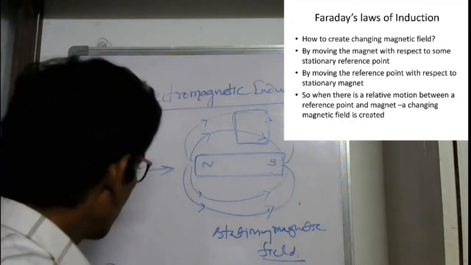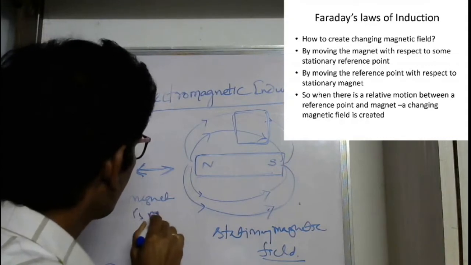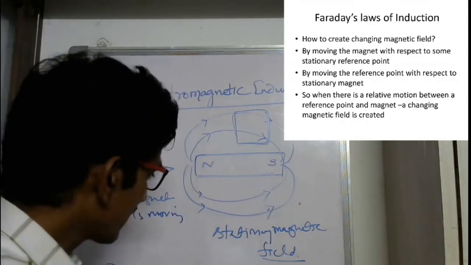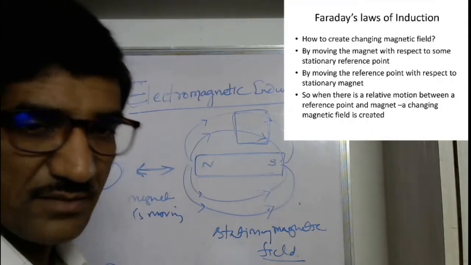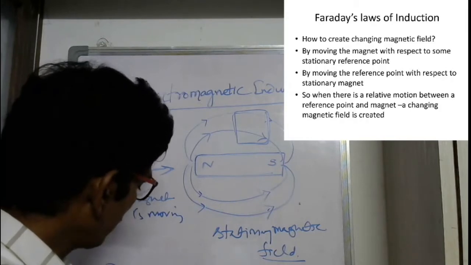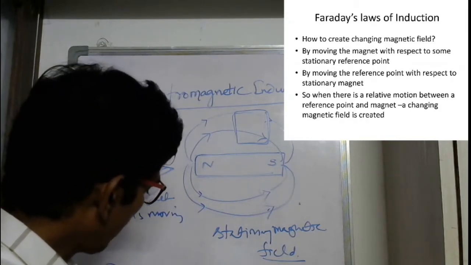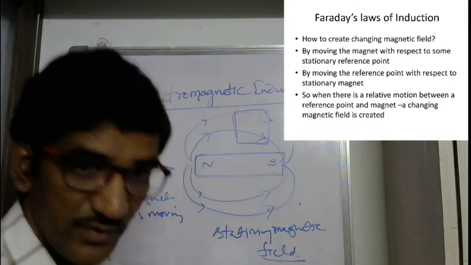So in this way, in the first case the magnet is moving. In the second case, you change the reference point. Here, what is moving? The reference area or point is moving.